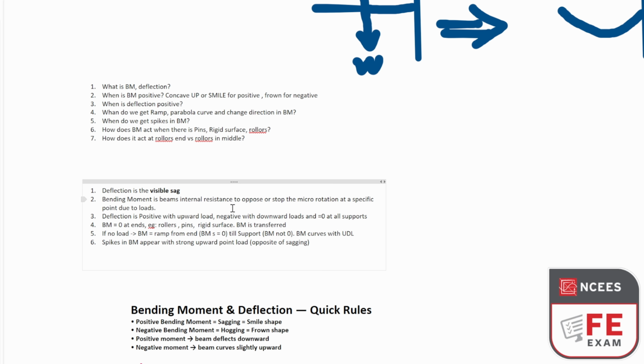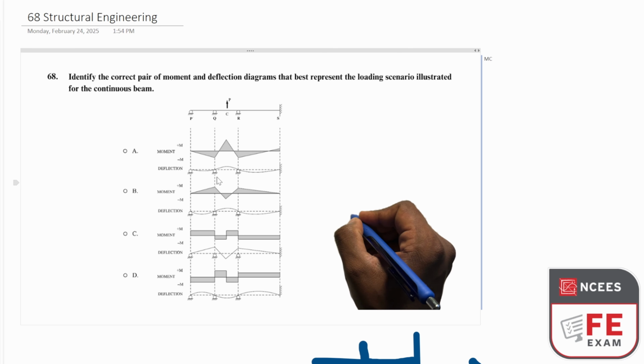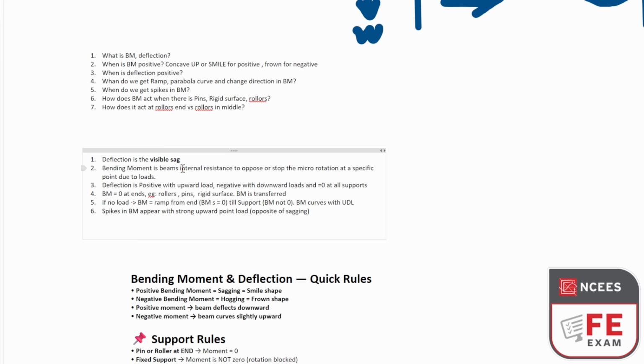Which is the reason if there is a sag happening like this, the internal resistance is going to be positive because deflection is negative. There is always a kind of opposite relationship between them. Got it? That's because the BM is an internal resistance. It's a resisting force, so it's always opposite to the direction of the self weight and point loads, always.